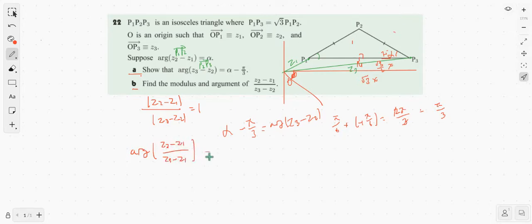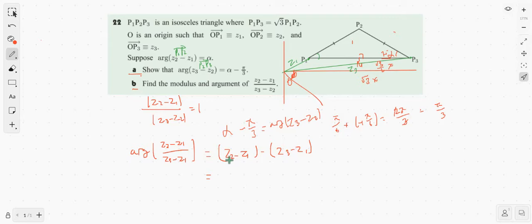And then here, the argument of (Z2 minus Z1) over (Z3 minus Z2) is the same thing as the argument of Z2 minus Z1 minus the argument of Z3 minus Z2, with the properties of the polar form of complex numbers.